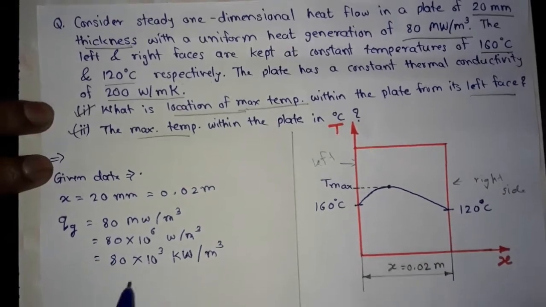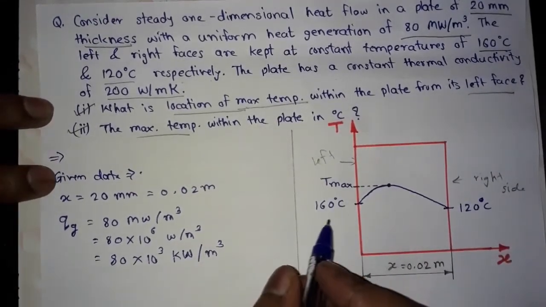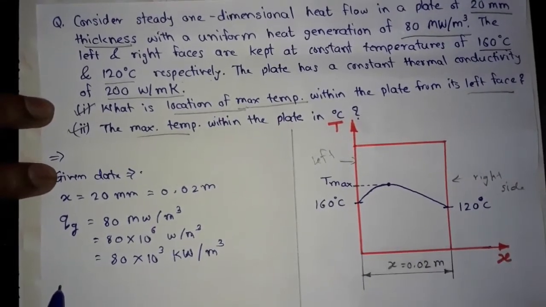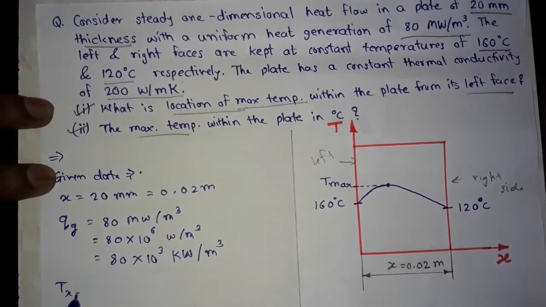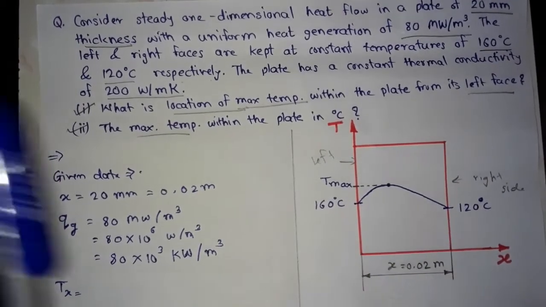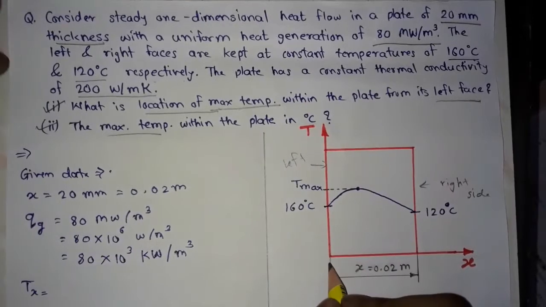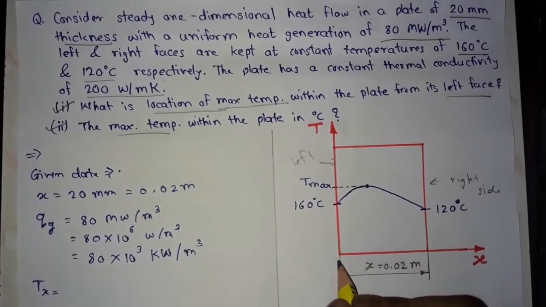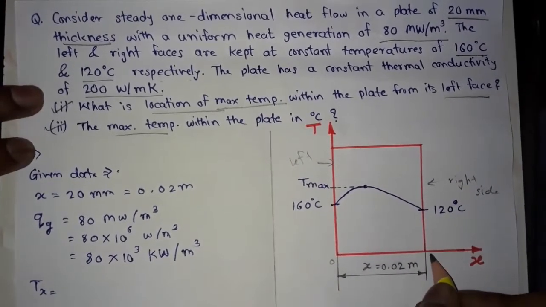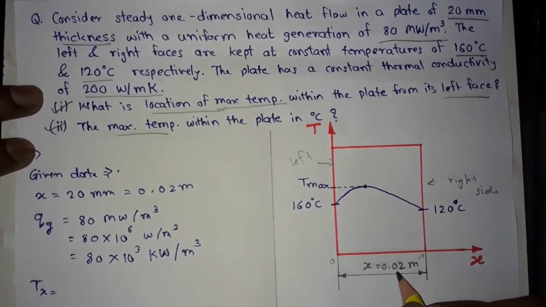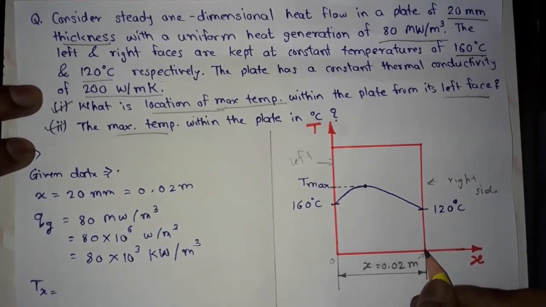So here friends we have temperature T at x is equal to 0, this is 0 as you can see, and here it is 0.02 meter at this point.